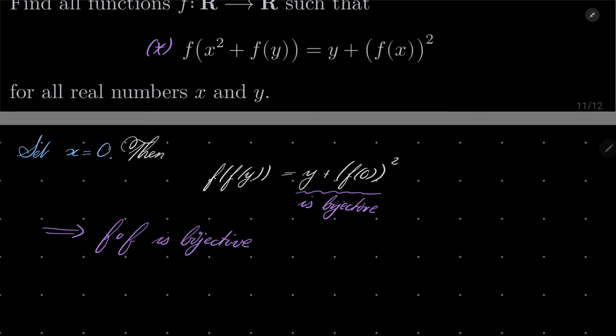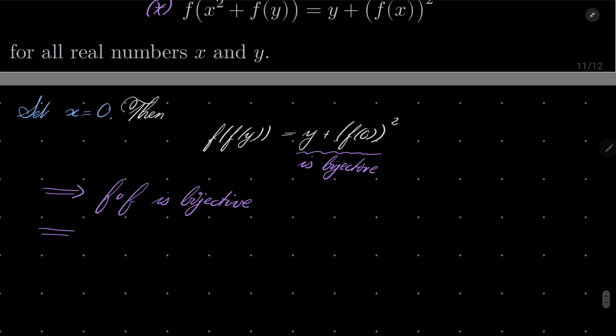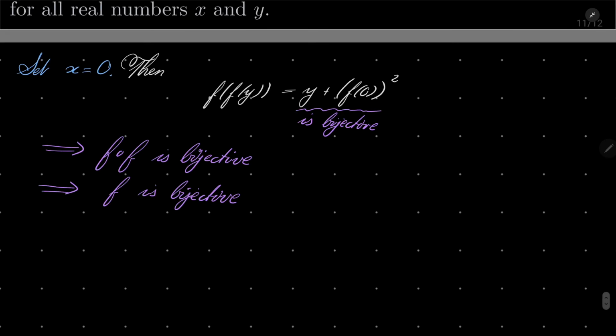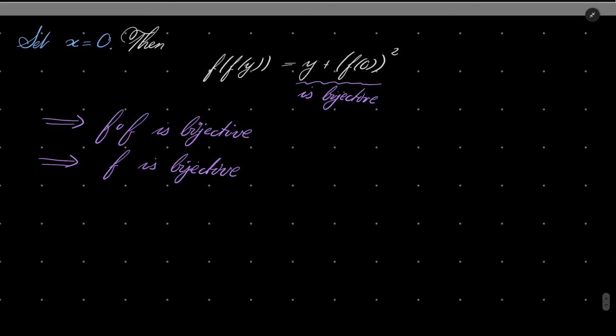But if f composed with itself is bijective, then f itself must be bijective. You can very easily verify that, or you can use the fact that if composition of two functions is bijective, then the inner function must be injective, and the outer function must be surjective, which means that f in this case is bijective.